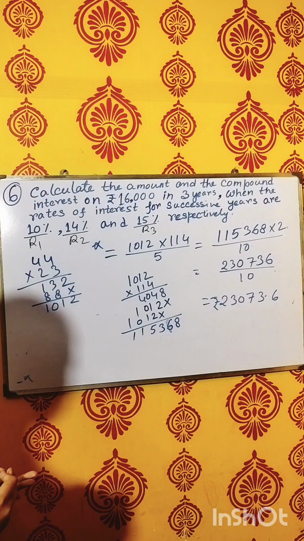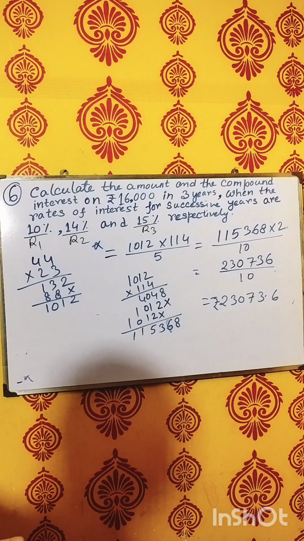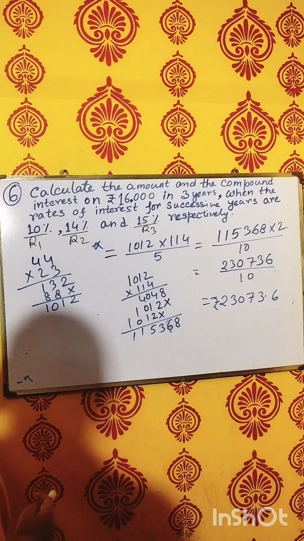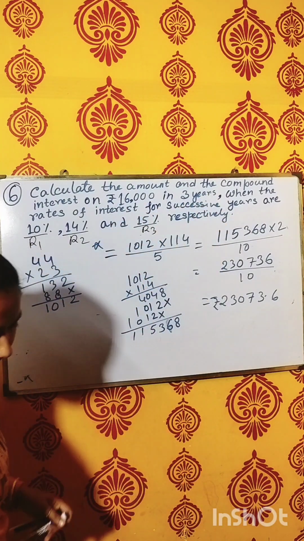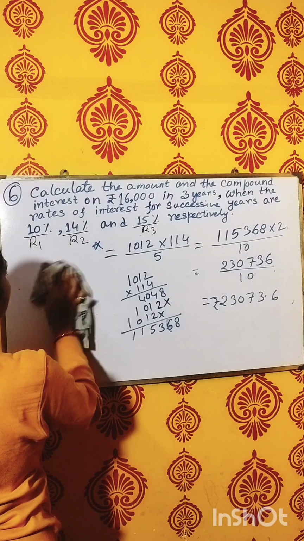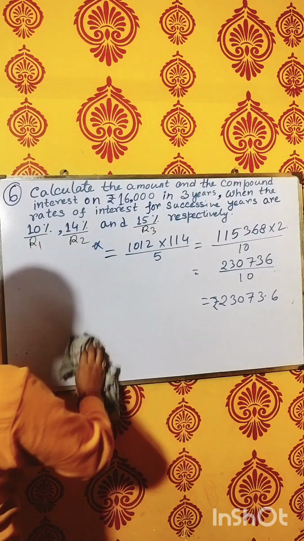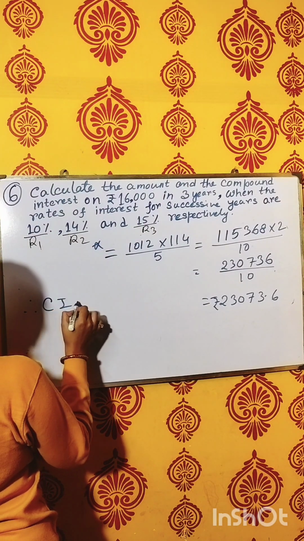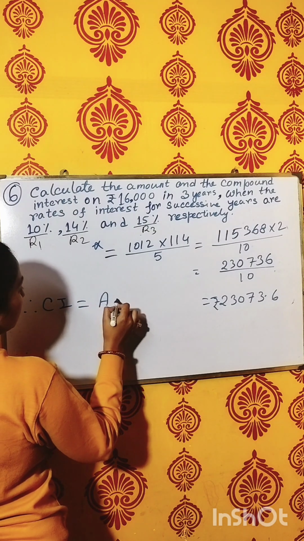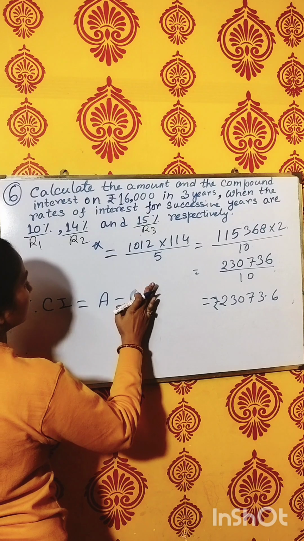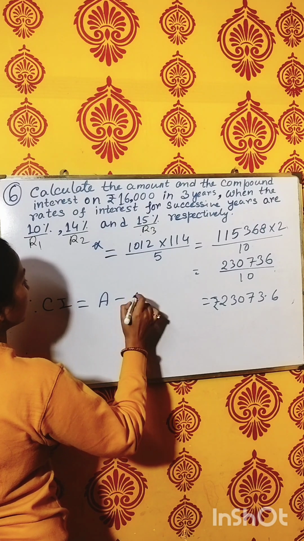This much rupees, 23,073.6 rupees will be the amount. Okay. Now we will find the compound interest. What will be the compound interest? Therefore, the compound interest will be amount minus principal. Sorry, amount minus principal.